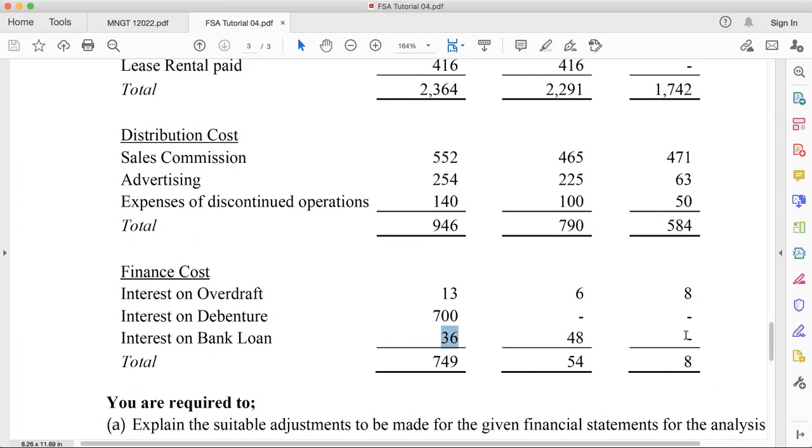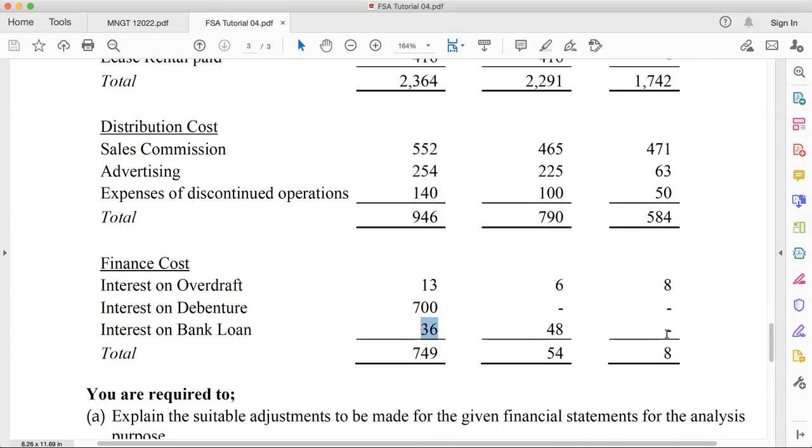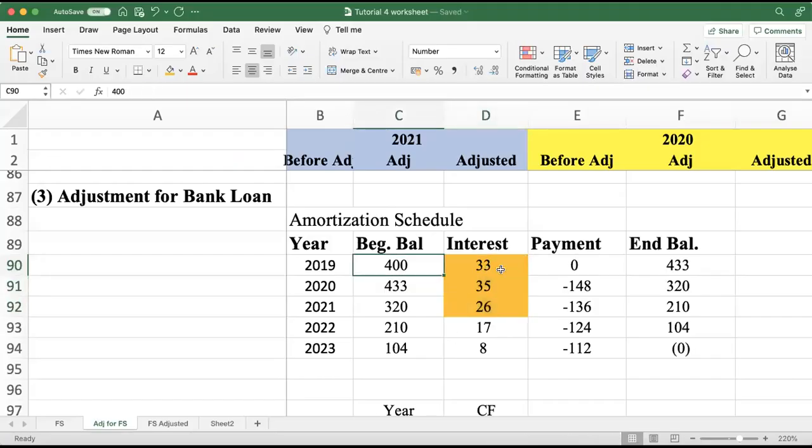So we'll adjust 2019. Nothing charged to the profit and loss account, but according to your calculation, 2019 interest on bank loan is 33.